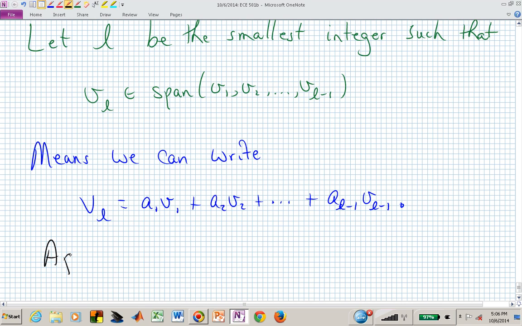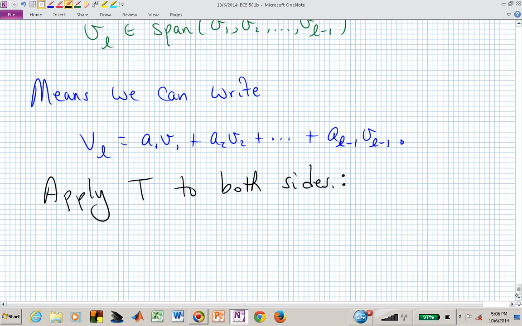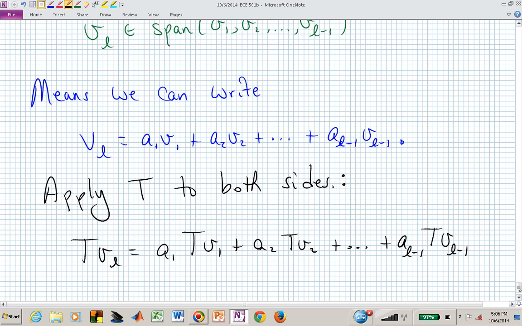So let's now apply the linear map T to both sides of this expression for v sub L. Now we have T v sub L is equal to, and a1 through a sub L minus 1 are scalars, so this is a1 T v1 plus a sub 2 T v sub 2 on up to a sub L minus 1 T v sub L minus 1.